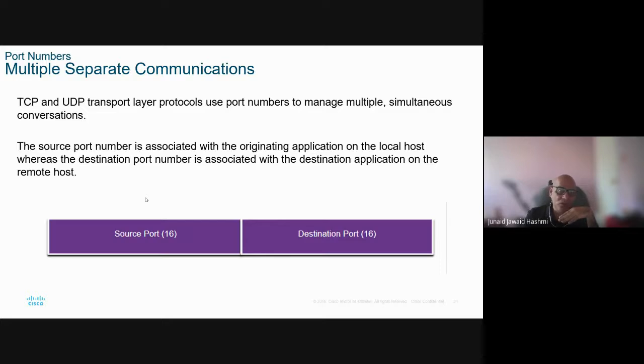There are hundreds of users requesting a web page, so how does the server know which user to send it to?